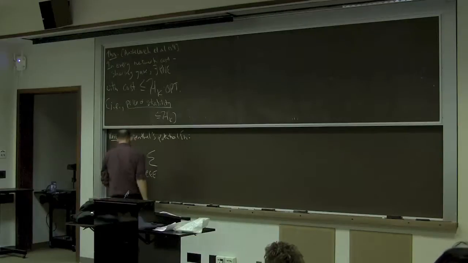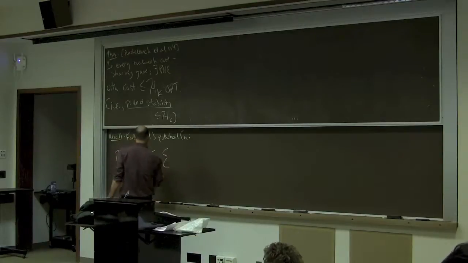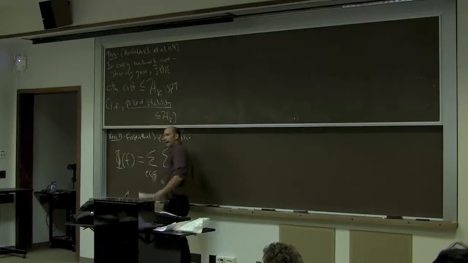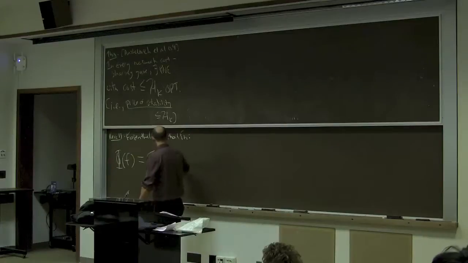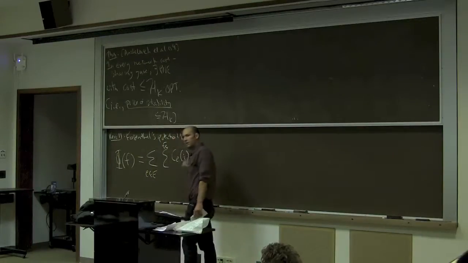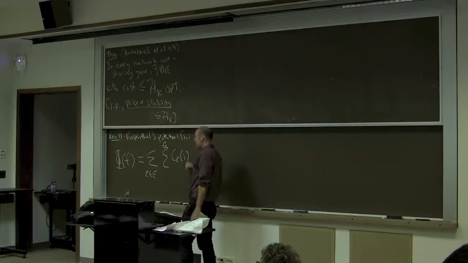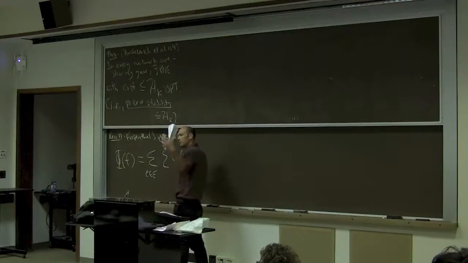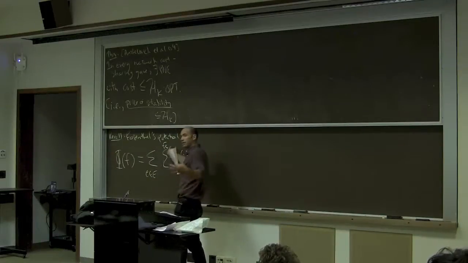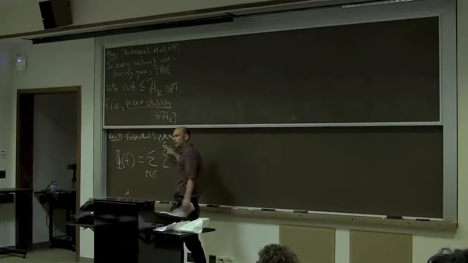You sum over the edges. On a given edge E, you look at how many people are choosing paths that are using it. We were using the notation F sub E. Then you look at the cost function on that edge. I'll explain what this is in our context in a second. In selfish routing, this was just the usual cost functions. You evaluate the cost functions with one player, with two players, with three players, and so on, up until the number F sub E of players that are actually using it in your outcome.